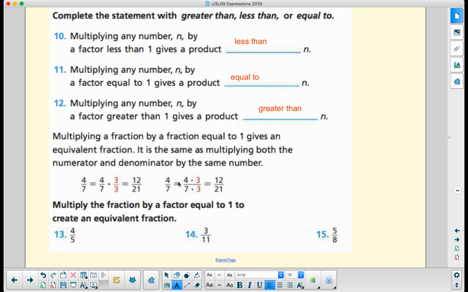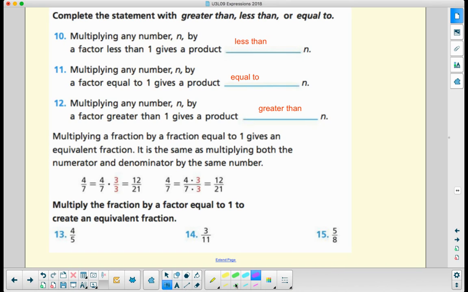Because I'm multiplying the numerator 4 by 3 to get 12, and the denominator 7 by 3 is 21. 12/21 is equal to 4/7. Multiplying the fraction by a factor equal to 1 creates an equivalent fraction.